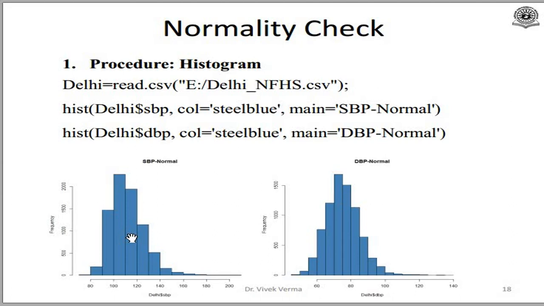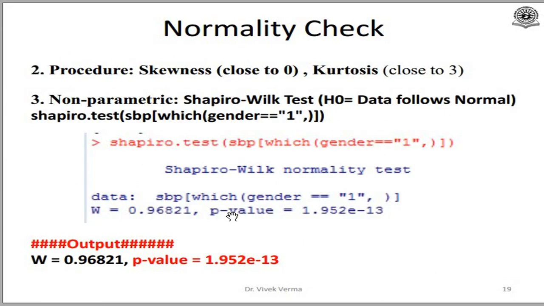The histogram is the best way to do so. The code has been depicted here, and we can see both the systolic and diastolic are looking close to normality. There are other ways: if the skewness is close to 0 or the kurtosis is close to 0, that will also say that the data follows the normality assumption.